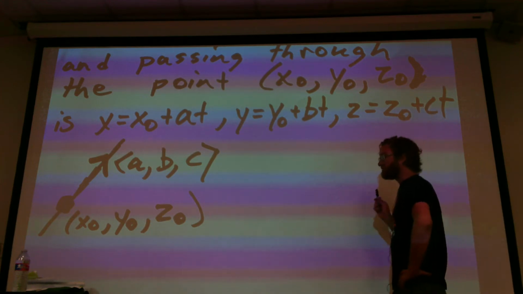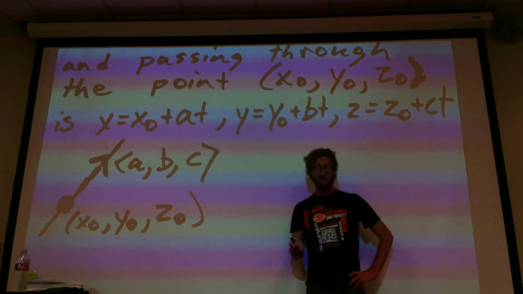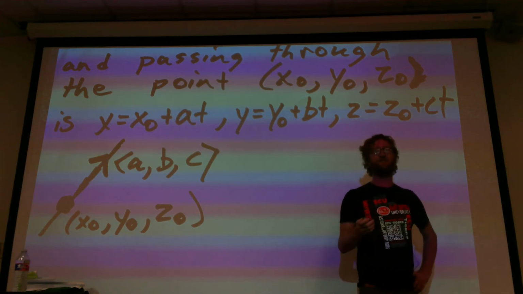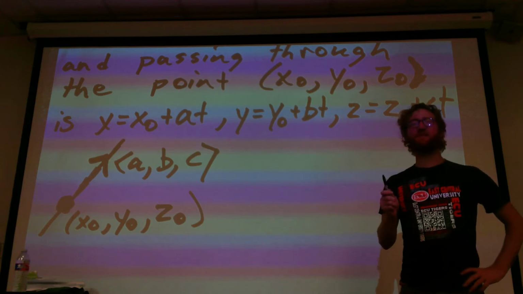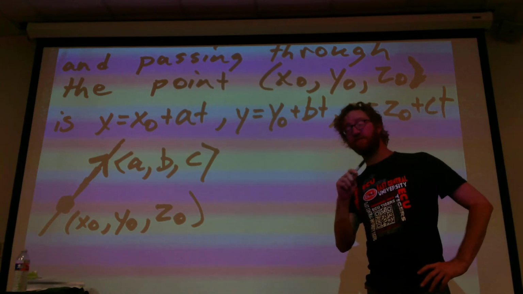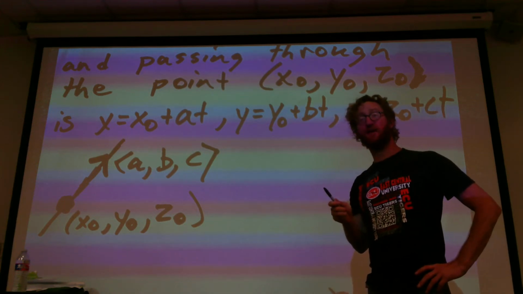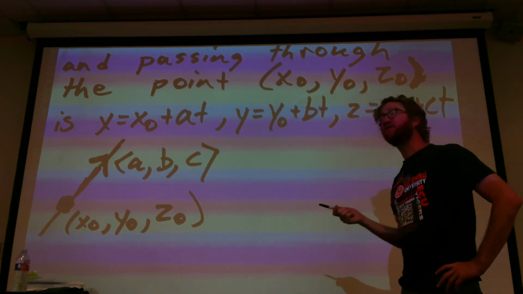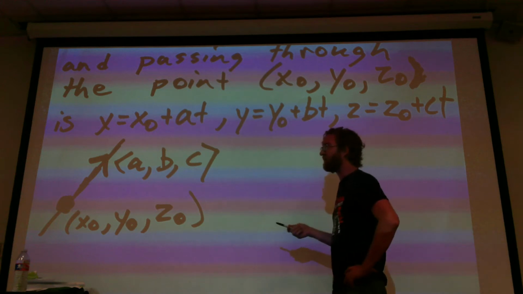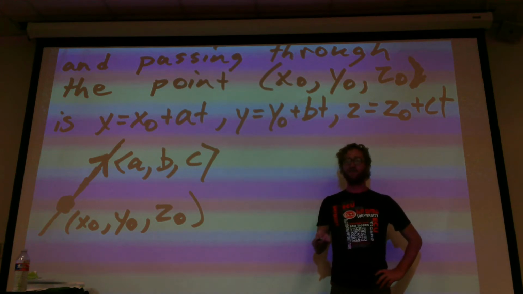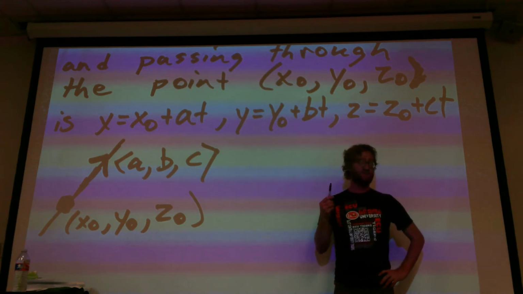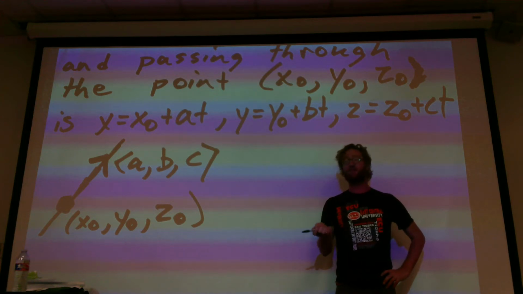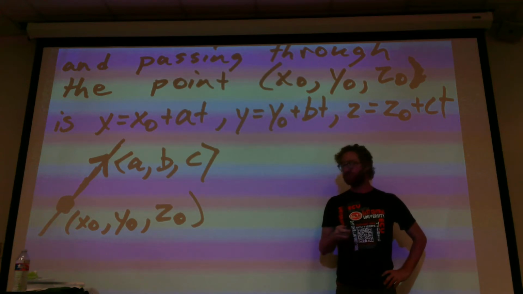Now, when I talk about a plane in space, you're going to have a point that exists within that plane, and you're going to have to know the normal vector to that plane, a vector that is perpendicular to that plane. So the difference between lines and planes within three-dimensional space is that when you describe a line, you need a vector that's parallel, but when you describe a plane, you need a vector that's actually going to be perpendicular to that plane.